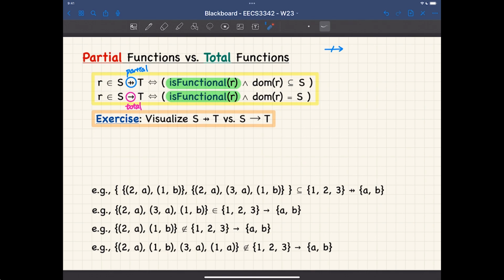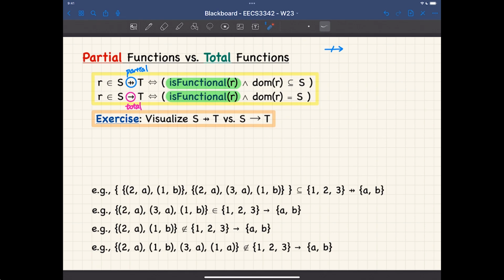Okay? Now, based on this definition, how do we visualize partial function versus total function? Which one should be bigger? Total? Are you guys sure? Partial? Think about which one is less restrictive. The less restrictive it is, you can include more members in the set, right?